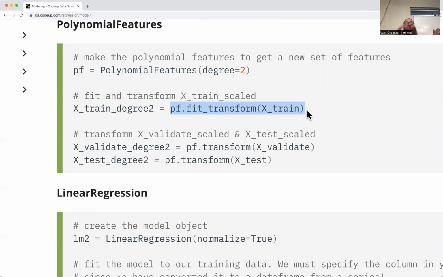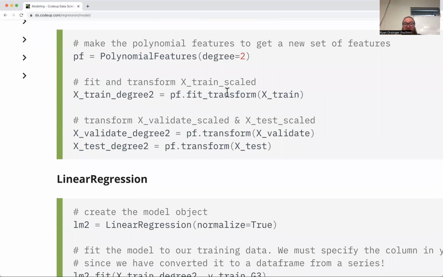So we're basically transforming our features through this polynomial function. And then once we have fit and transformed our data, we get a new data frame. Keep this data frame separate in its own variable. You don't want to overwrite your X test by accident. That would really be annoying for your troubleshooting if you try to polynomial in like 10 other models. And then we'll transform validate as well. And we'll transform test as well.